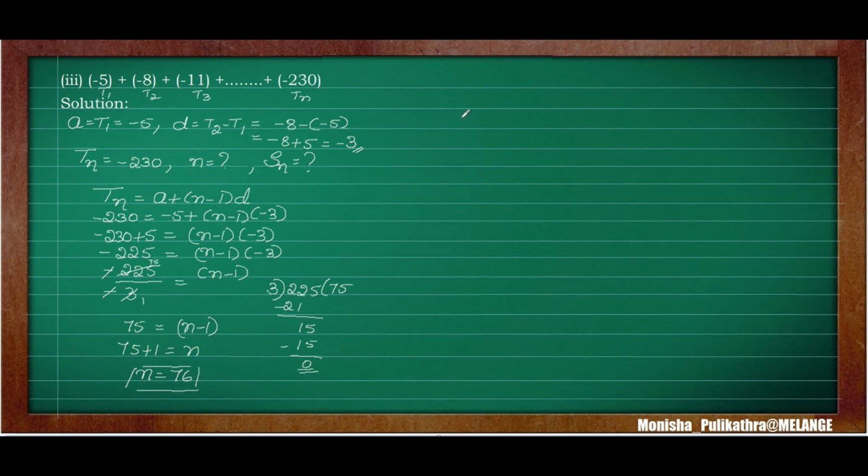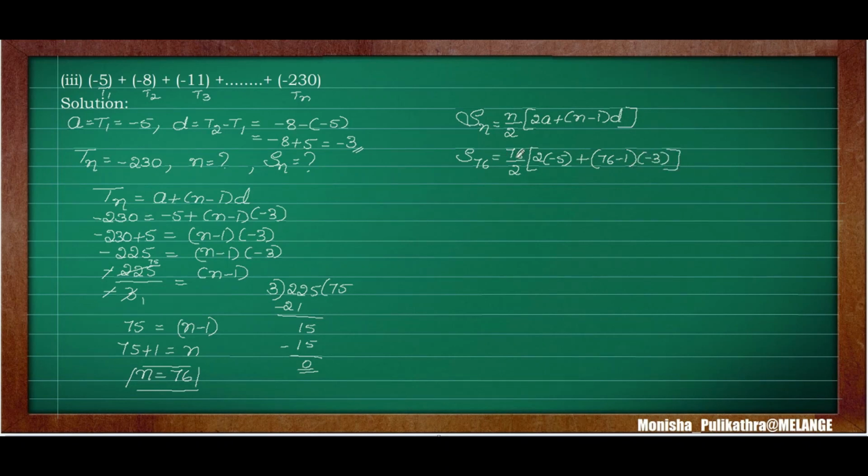Next we need to find out Sn, that is S76, by applying the Sn formula. Sn is equal to n by 2 into 2a plus n minus 1 into D. So here S76 is equal to 76 by 2 into a is minus 5 plus n is 76 minus 1 into D is minus 3.